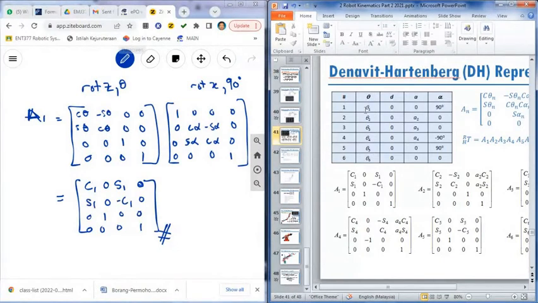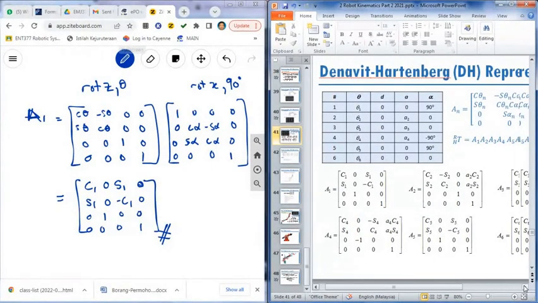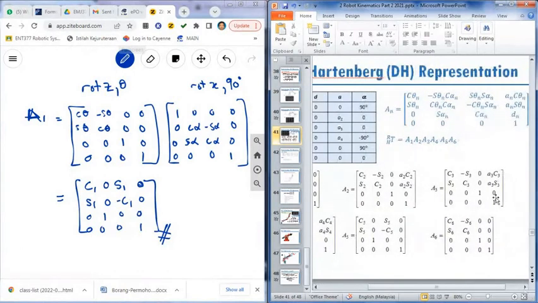Your encoder will feed this value into your DH matrix here. So you will have a changing theta value, and when theta changes, you will find your position.